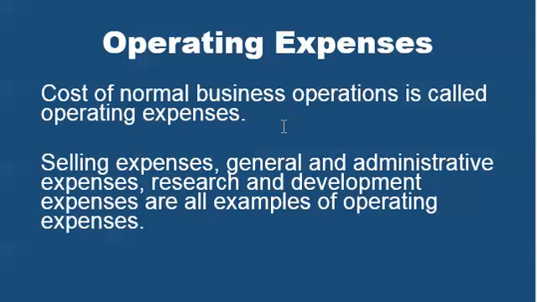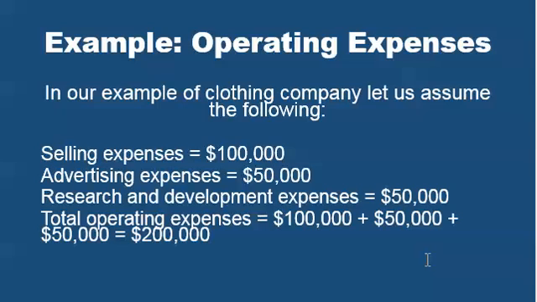Let's talk about operating expenses. Cost of normal business operations is called operating expenses. Selling expenses, general and administrative expenses, and research and development expenses are all examples of operating expenses. Let's look at an example. In our example of the clothing company, let us assume the following.